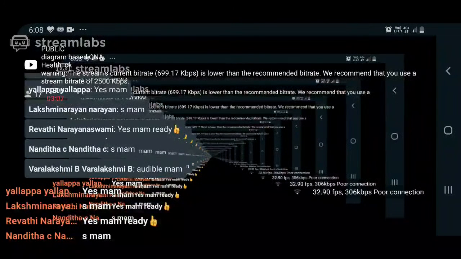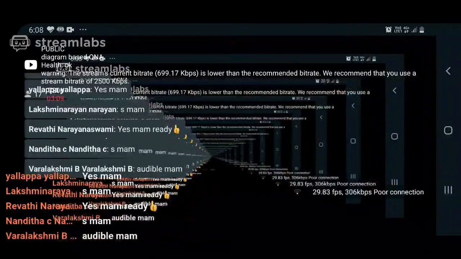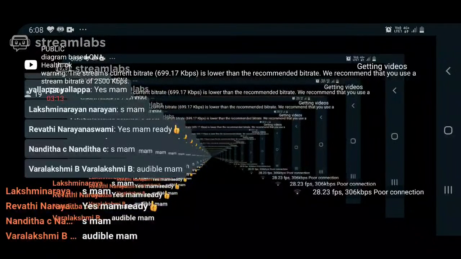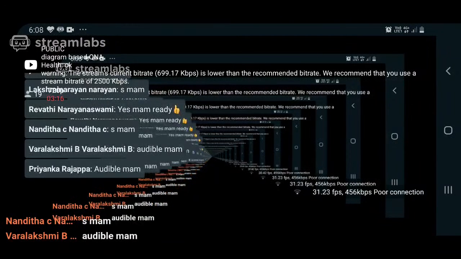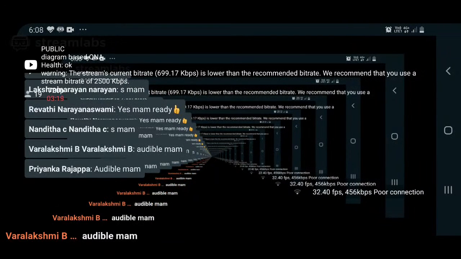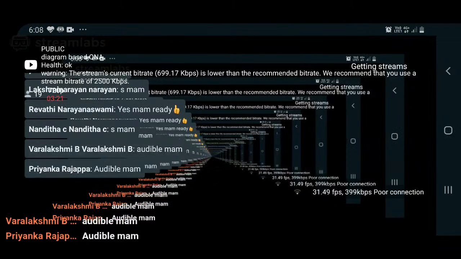Now I'll just share the screen. You just have a look at the diagram. Let me know who will answer the questions based on the diagram. Now look at the diagram.